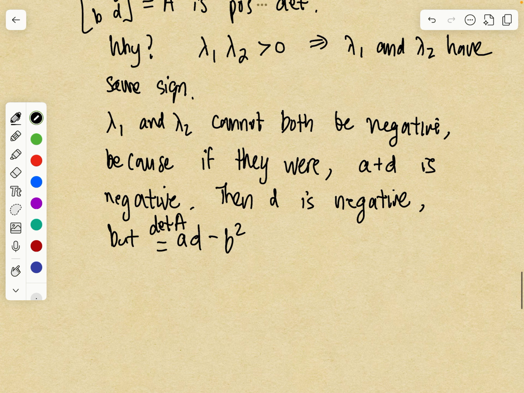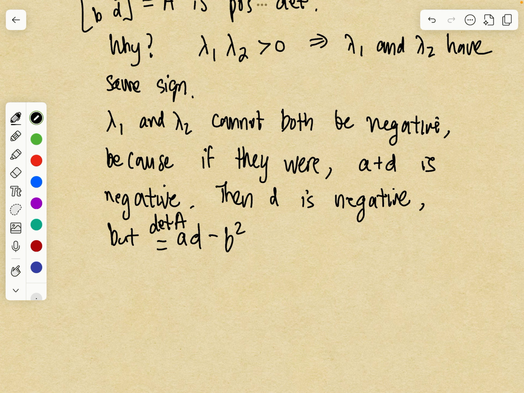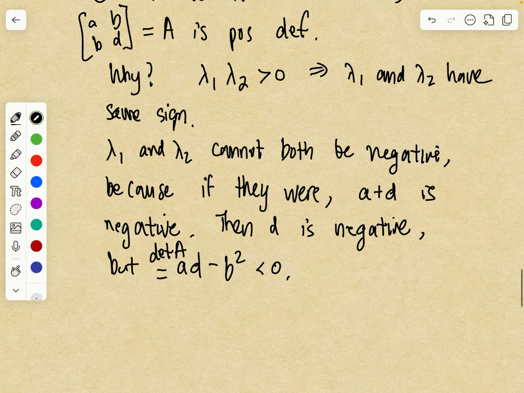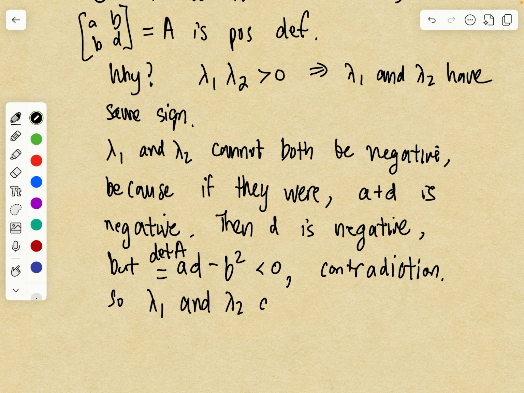The determinant is AD minus B squared. This would be negative, and this is a contradiction, because we assumed that the determinant of A was positive. Okay, so this is a contradiction. So lambda 1 and lambda 2 are both positive.